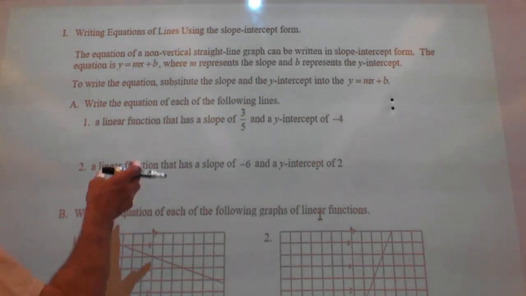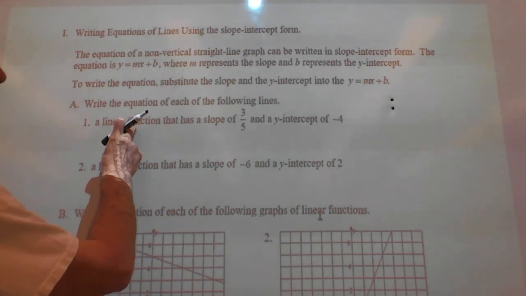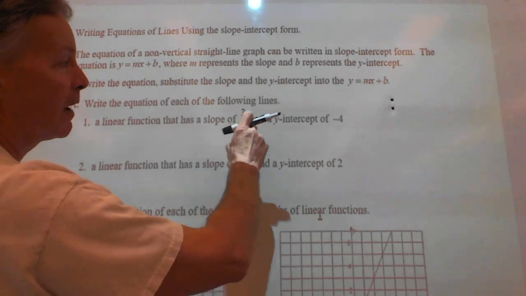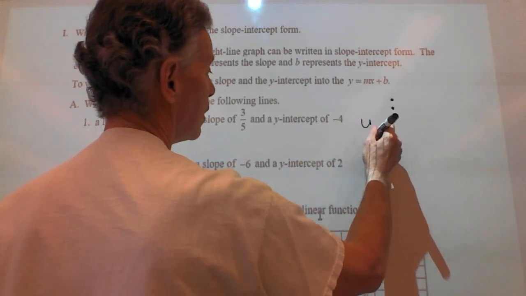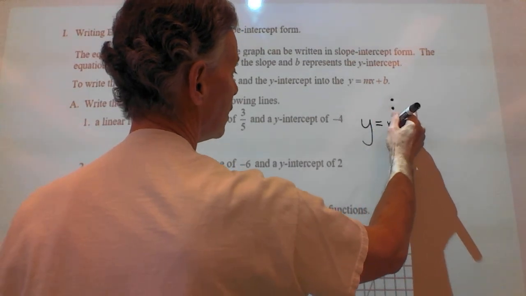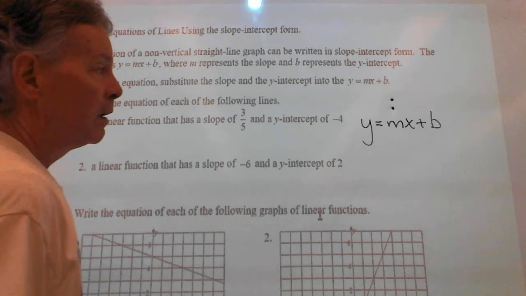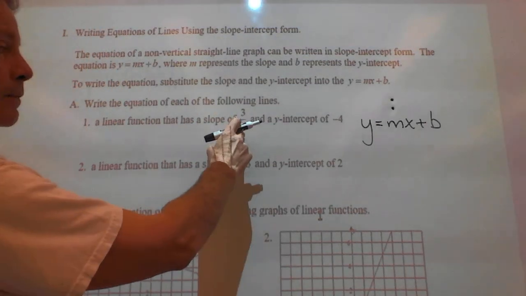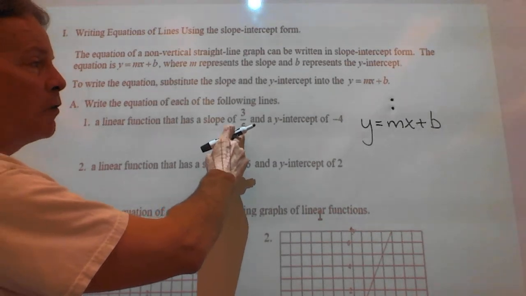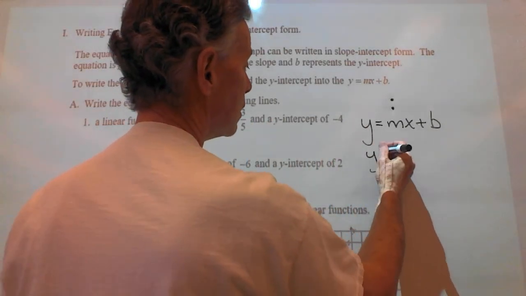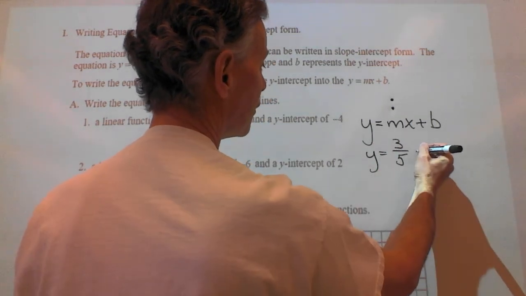Okay? So, write the equation of each of the following lines. A linear function with a slope of 3 over 5 and a y-intercept of -4. So, our generic formula, y equals mx plus b, becomes, if we substitute 3 over 5 for the slope, instead of an m, we're going to write 3 over 5 x.